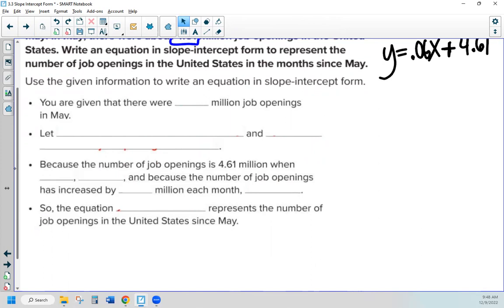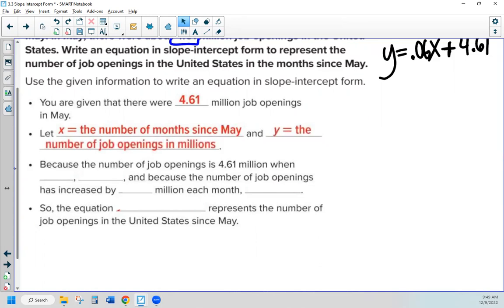You are given that there were 4.61 million job openings in May. So let's make x the number of months since May, and y the number of job openings in millions.